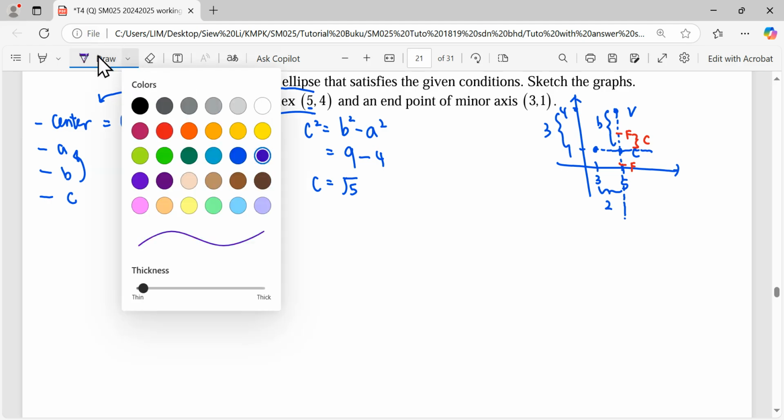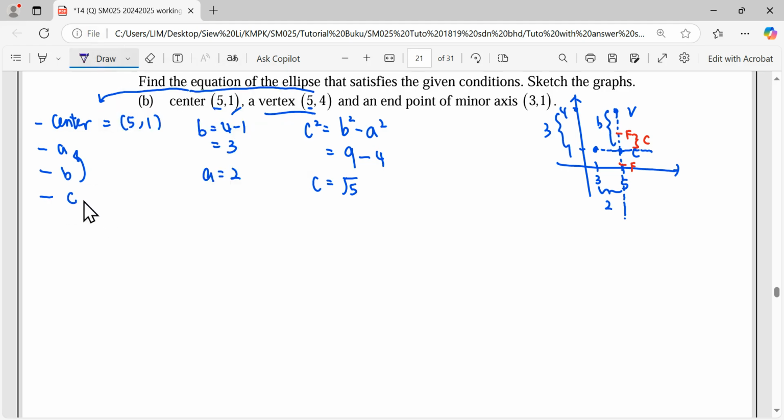So after we find your a, b, c, we can build out our equation of the ellipse. So you can see this is x equals 5, this is y equals 1. Put in the bracket, standard form: (x minus 5) squared over a squared, where a is 2, so 2 squared gives us 4.